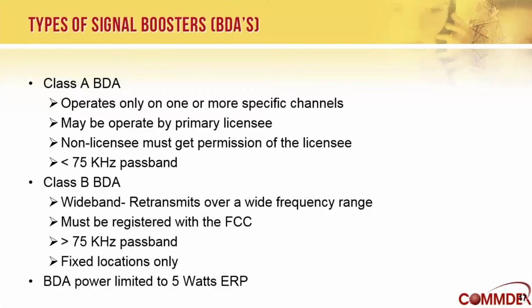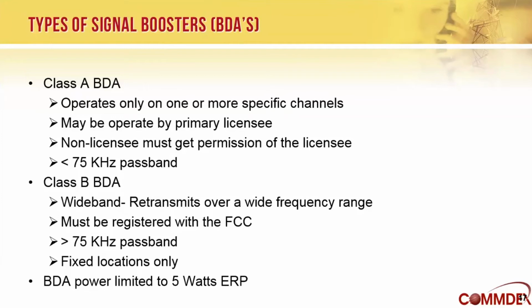A non-licensee has to get permission of the licensee to use these. The FCC defines these as a BDA that has less than a 75 kilohertz passband. So that's about 3 of the old analog 25 kilohertz channels, or about 6 of the 12.5 kilohertz channels if they were all adjacent.